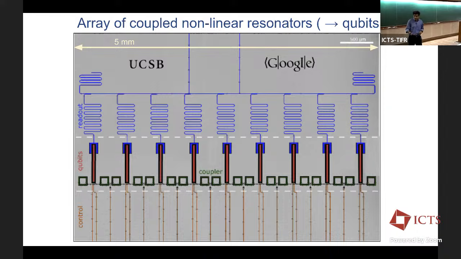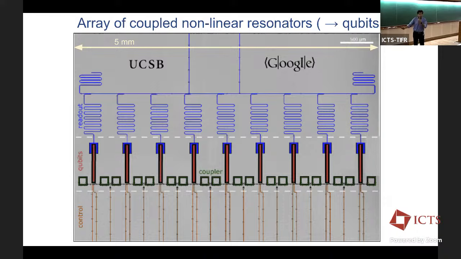And on top of the qubits, you see a meandering line, which is a linear resonator, and the Stark shift down to the qubits on those resonators will give you the occupancy of the qubits, so you can read the states of all the qubits at the same time by looking at the resonance frequency of the resonators and how much they're shifted from their frequency.